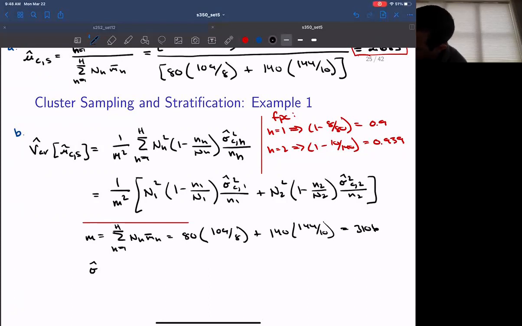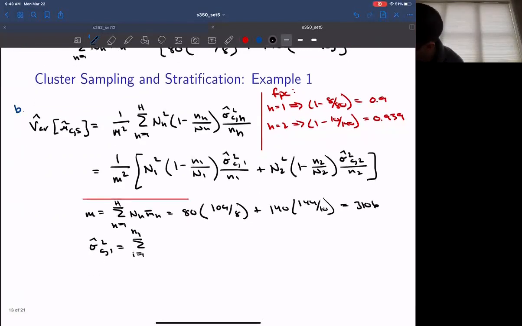Okay, so we also need the sigma hat squared C1. So that's going to be the sum from i equals 1 to little n1 of the yi minus mu hat c mi1 squared.